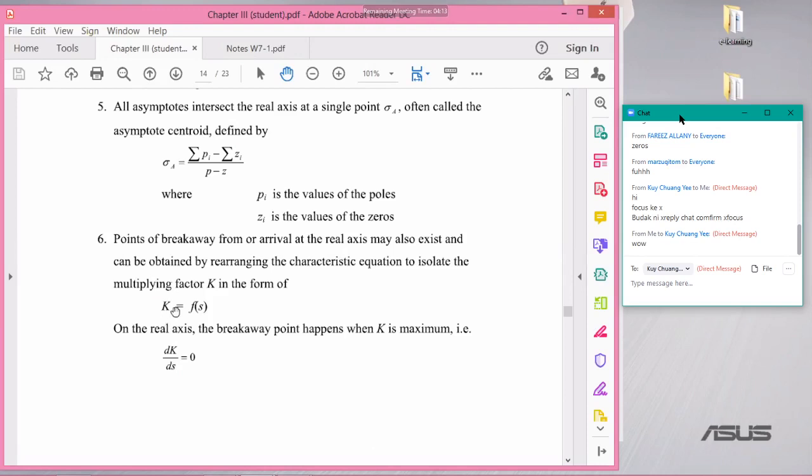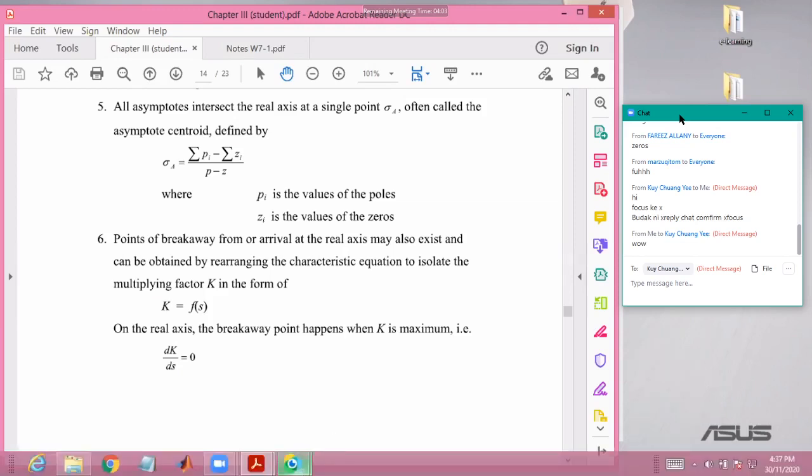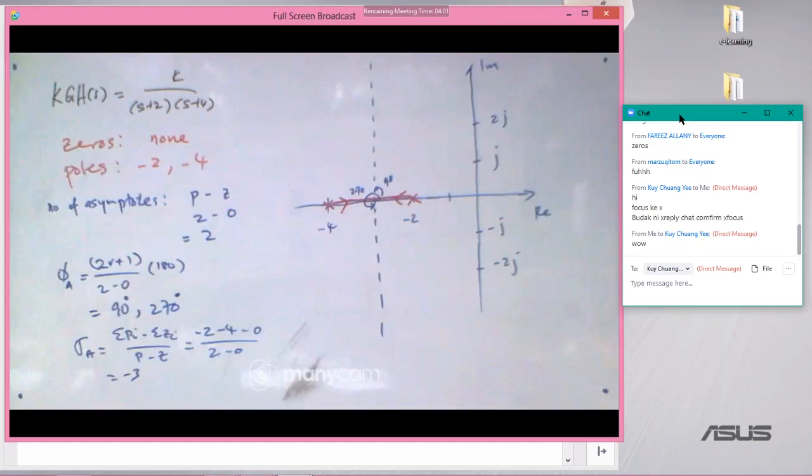Rewrite the characteristic equation as k as a function of s, and differentiate that with respect to s equals 0, and then we can get the breakaway point. Okay, now we are going to compute the breakaway point. I'm running out of space, so I'm going to erase this computation of asymptote.